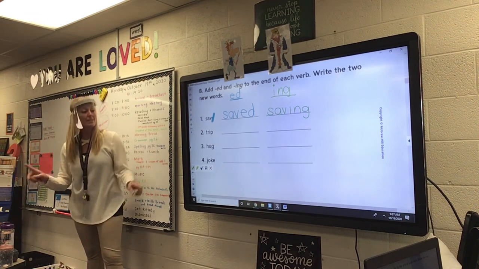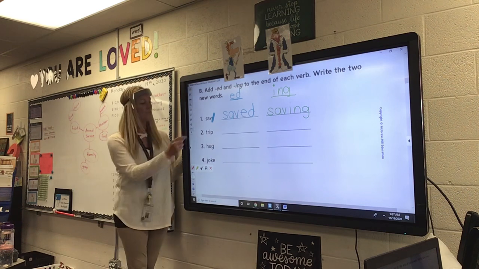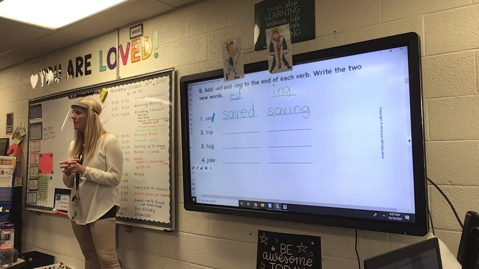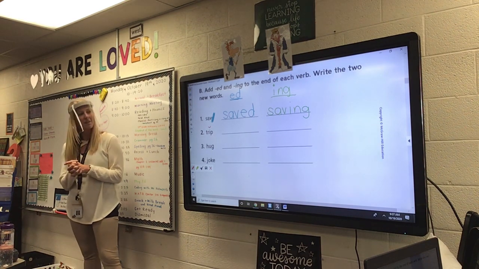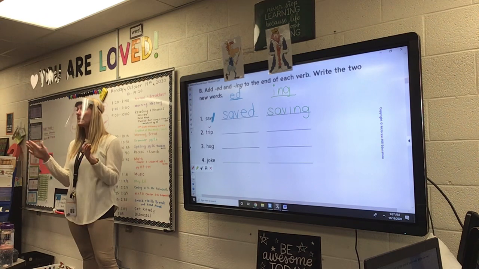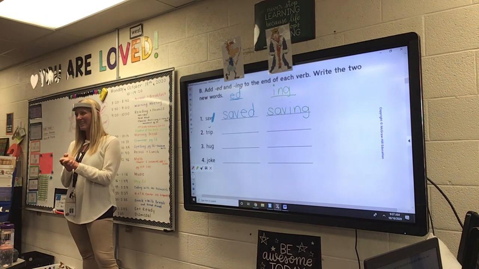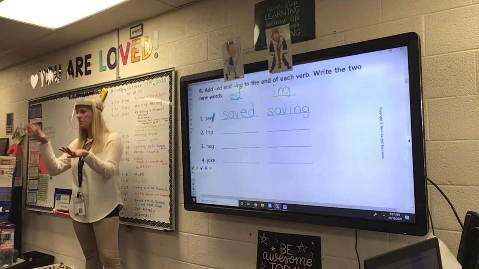Our second rule is if it is short, we have to double the consonant at the end. So on this word trip, guess what we have to do to that P, Ingrid? Nope, don't take the P away. We're going to double the P. Do you remember what double means? Like in math, when we add doubles, it's like 3 plus 3 or 4 plus 4.